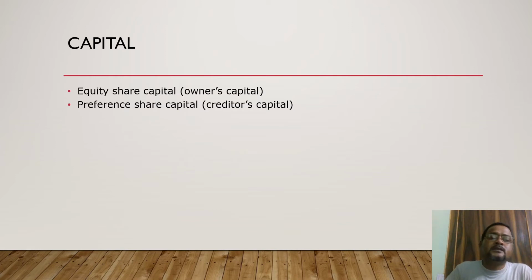Similarly, there is a second category of capital which is known as preference capital. Preference capital, unlike the equity capital, is creditor capital. If somebody is contributing share capital which is known as preference capital, then that person will be paid an annual dividend at a percentage which has been agreed between the person contributing capital and the company which is taking the capital.